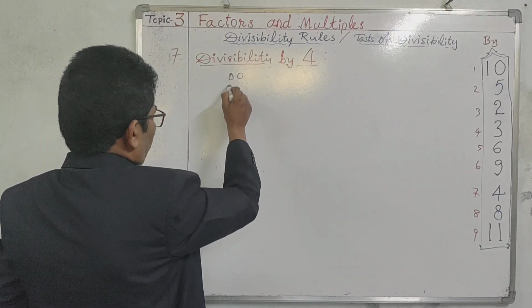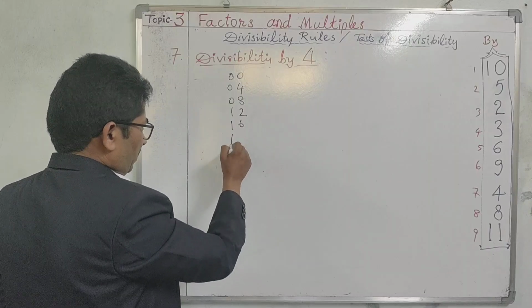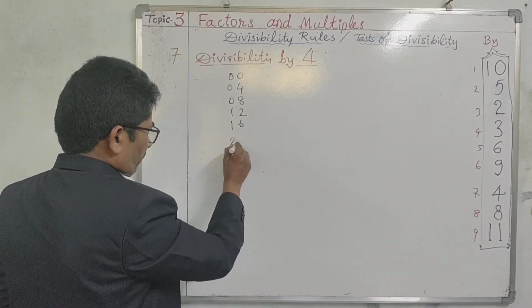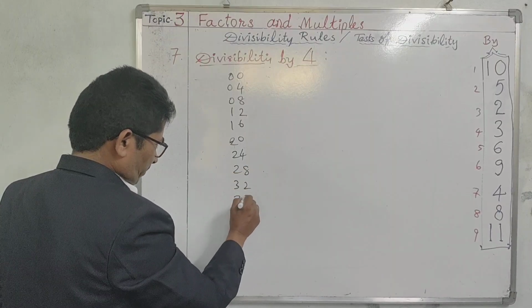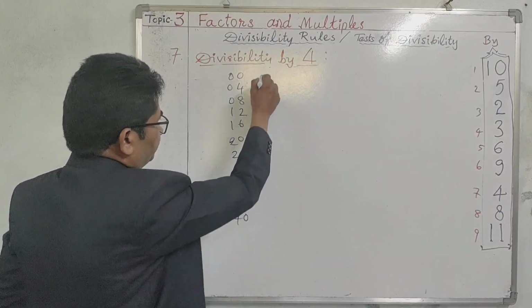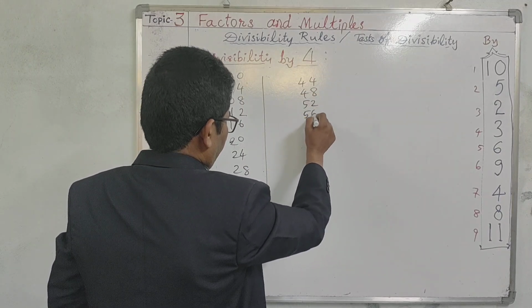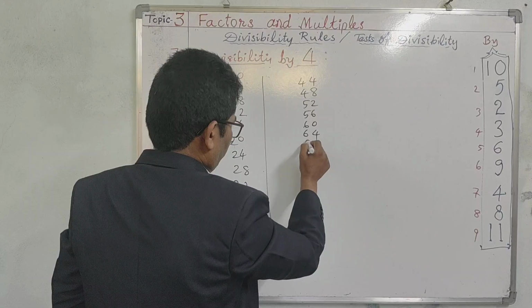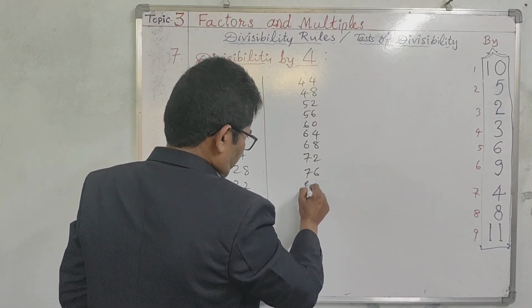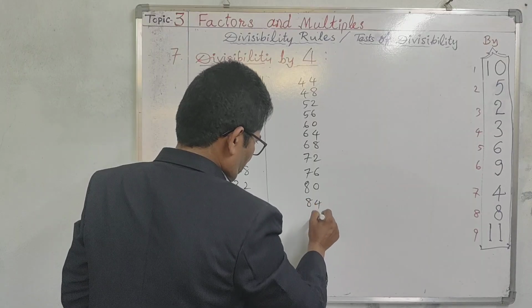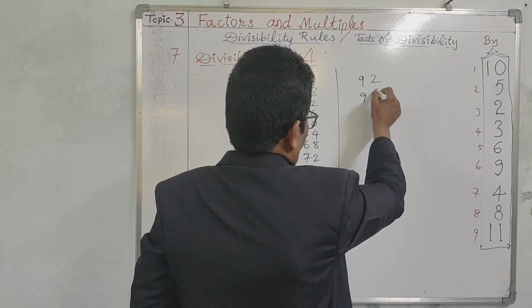00, 04, 08, 12, 16, 20, 24, 28, 32, 36, 40, 44, 48, 52, 56, 60, 64, 68, 72, 76, 80, 84, 88, 92, 96.